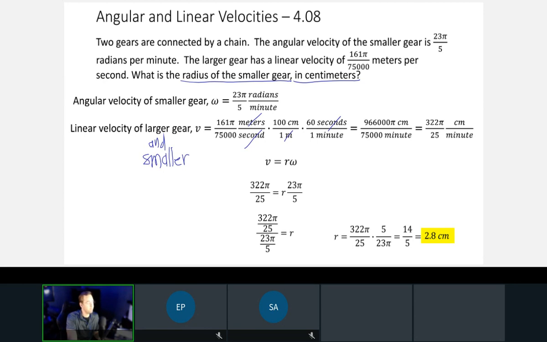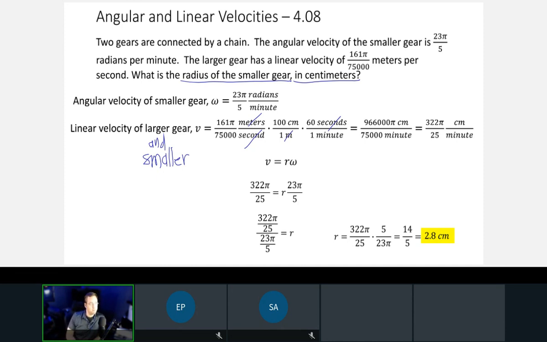So this problem is a lot of prep work, but once you actually have it set up, it's plug and chug. It's using the stoichiometry to get everything to work together. Angular and linear both have to have the same units in terms of time, so per minute and per minute. The linear velocity needs to have the units that the answer wants to be in, which I tell you I want in centimeters, and we're in meters, so we have to convert that.